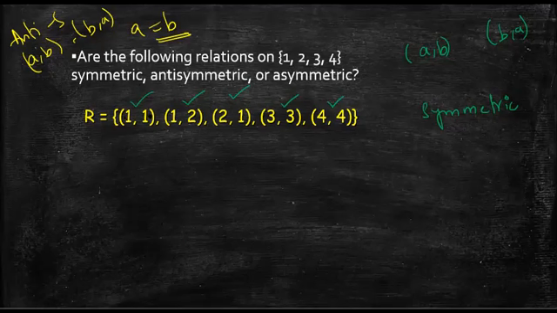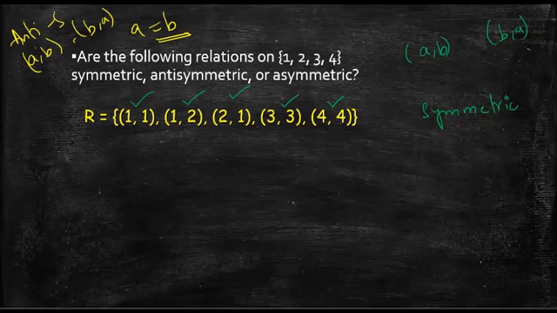We have (1, 1), (1, 1) and A is equal to B. So this is valid with respect to antisymmetric. But what about (1, 2)? Is A equal to B? No, in this case it is not. So it is not antisymmetric. And what about asymmetric? It is the opposite of symmetric. So if a relation is symmetric, it cannot be asymmetric at the same time.